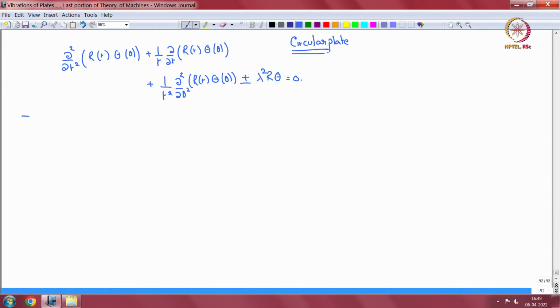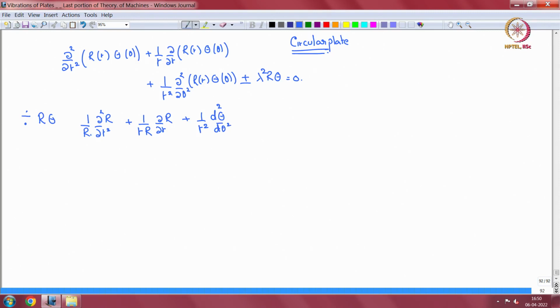So now if I divide by r and theta, r into theta, what I will get is 1 over r del 2 del r square r plus 1 over r into big R del r of capital R plus 1 over r square d2 theta d theta square.